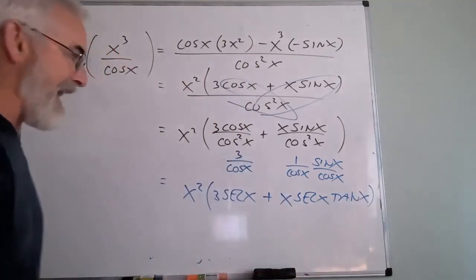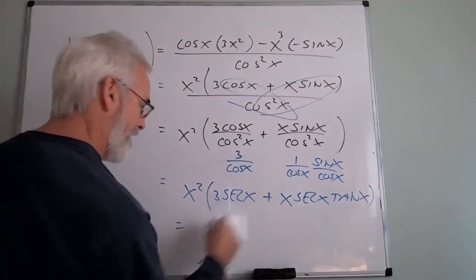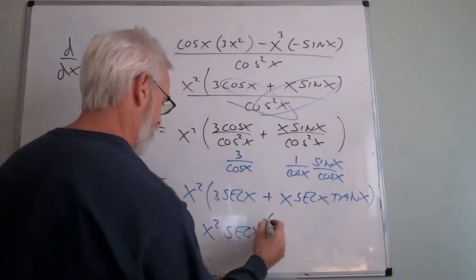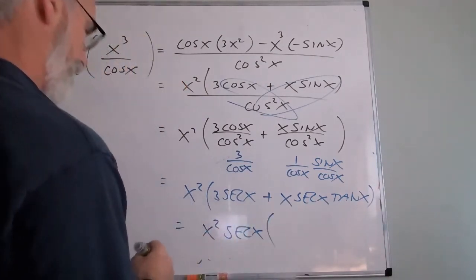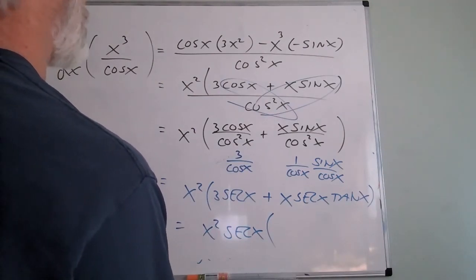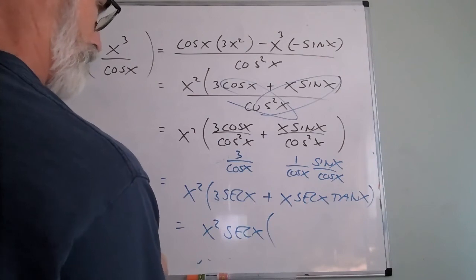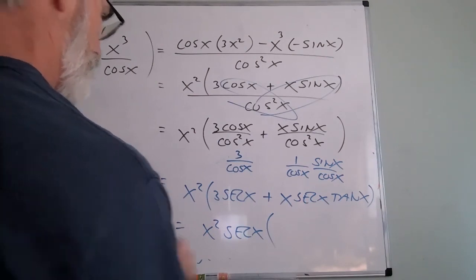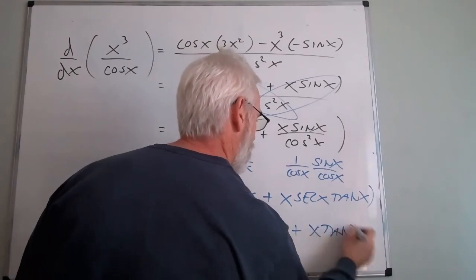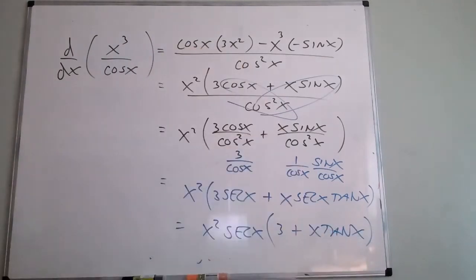Oh my goodness. And now if I factor out the secant, I'm going to have x squared secant x times, what am I left with? Did I already lose something here? I think we're left with 3 plus x tan x. Wow, that was a lot of work.